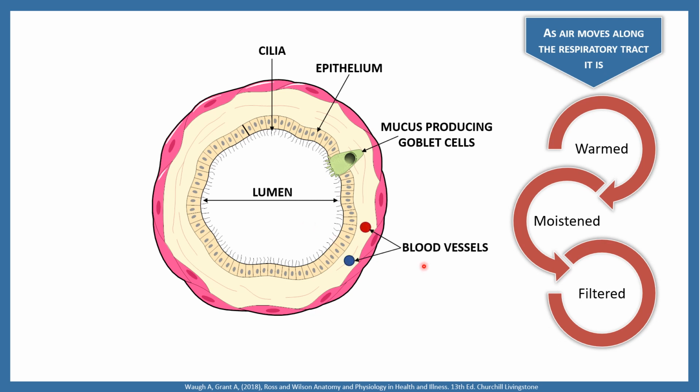Our respiratory airways, even though their job is to take oxygen in and take carbon dioxide out, at the end of the day, this is all still living tissue. And so our airways need blood vessels to bring nutrients and oxygen, just like the rest of our body systems. So we do have blood vessels in here.